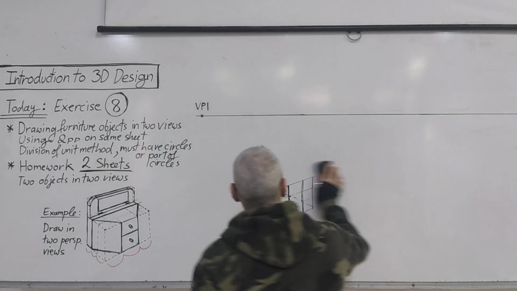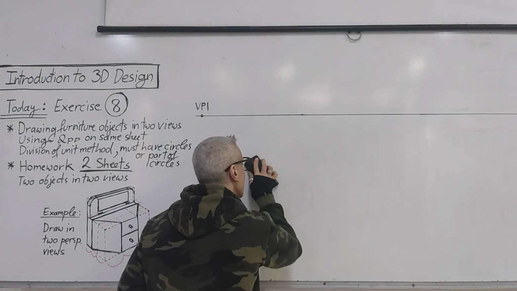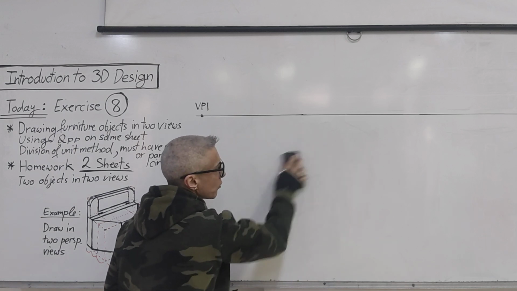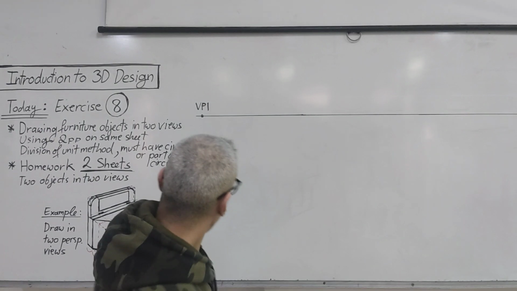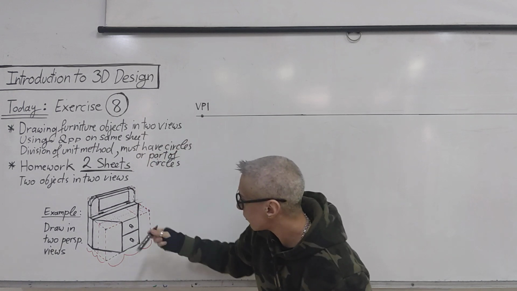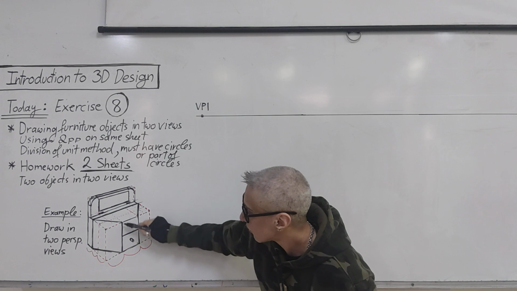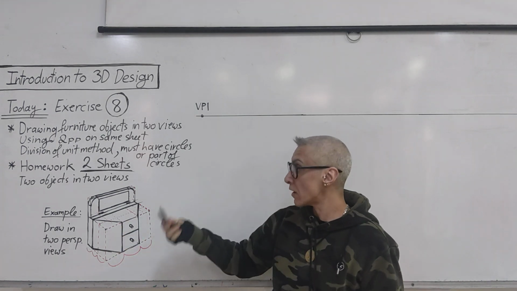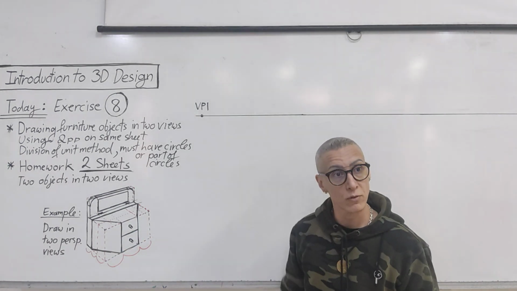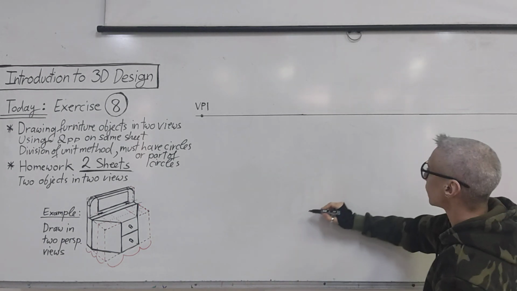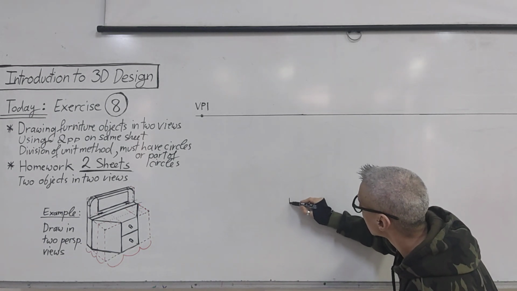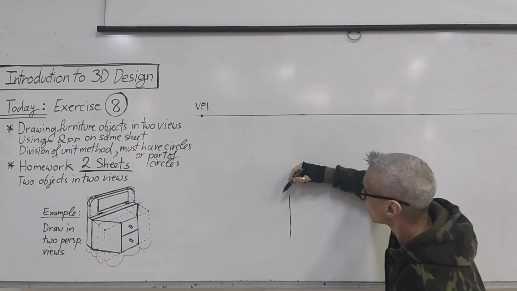Another way, there are many methods for how you can start a drawing. Another way is to start with this unit here. This is also a cuboid. And then I will use the division of the unit method to find the other. So let's start with this now, and see how this will work.